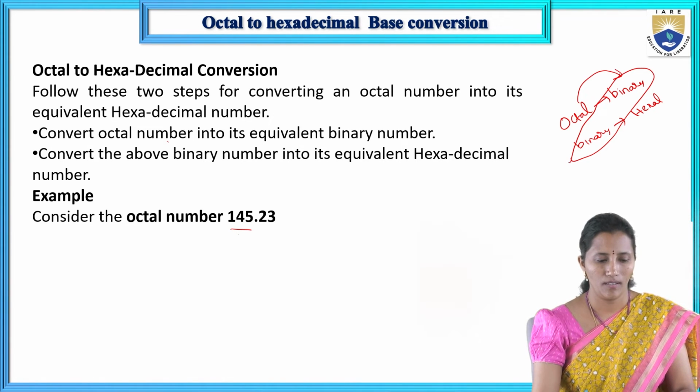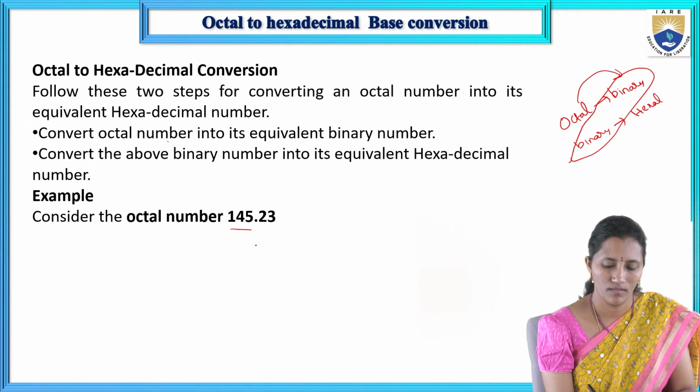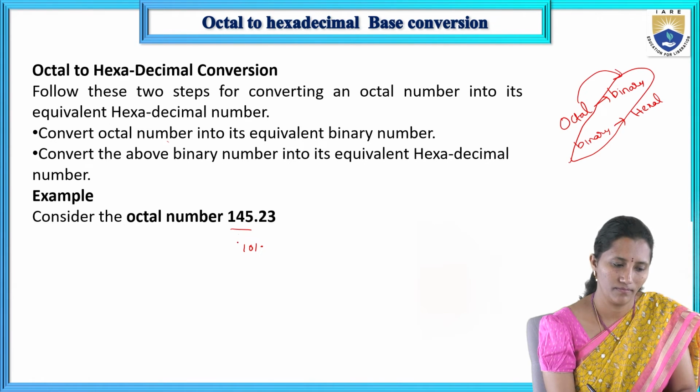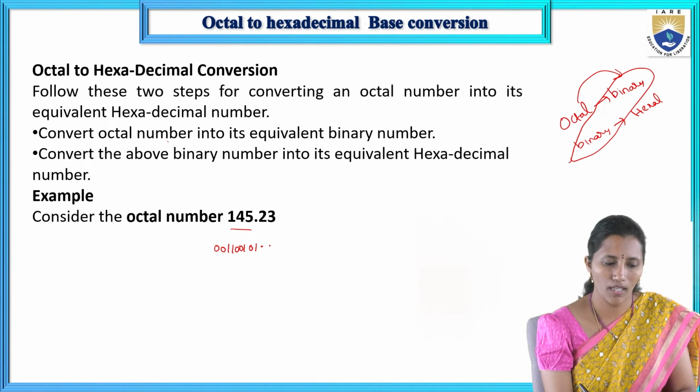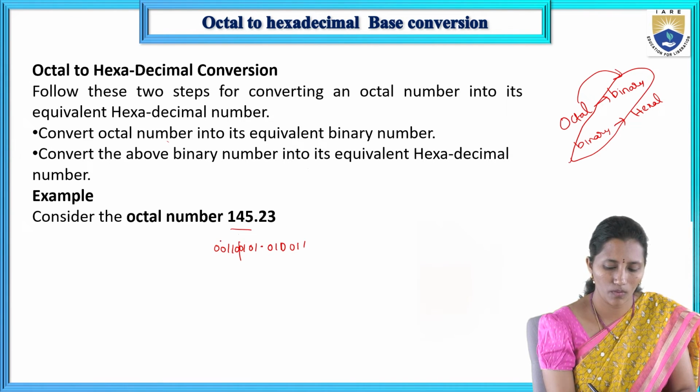So 5 is 101, 4 is 100, 1 is 001, 2 is 010, and 3 is 011. Then convert the above binary into its equivalent hexadecimal. So make the groups of 4.